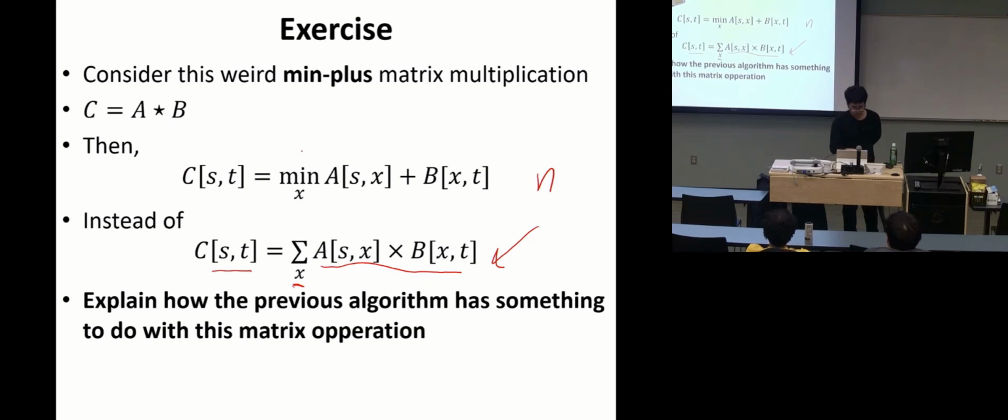Okay, so now try to stare at this min-plus matrix multiplication. Can anyone tell me why this matrix multiplication has something to do with the previous algorithm that we have seen?